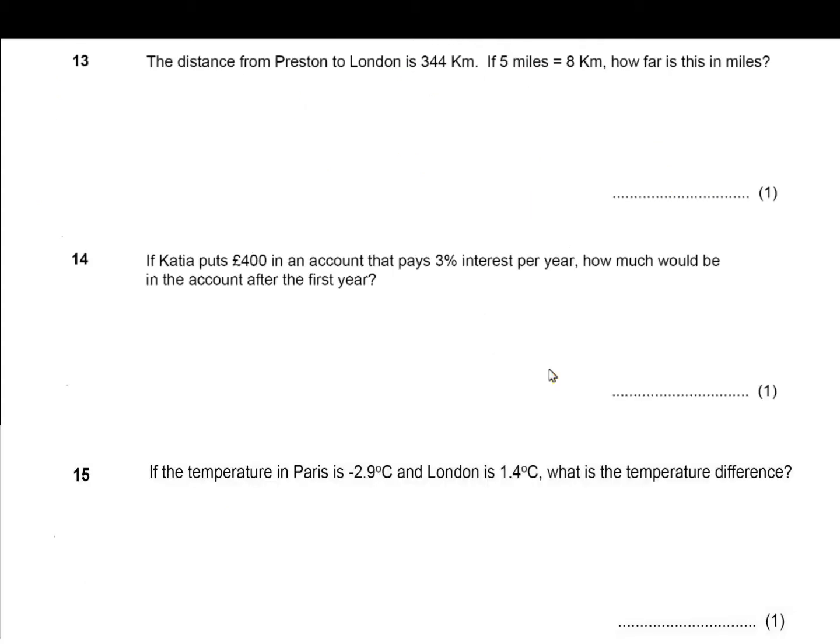Question 13 says the distance from Preston to London is 344 kilometres. If 5 miles is 8 kilometres, how far is this in miles? So this is a ratio question giving us our strap line, which is our relationship between miles and kilometres. So we know there are 5 miles to 8 kilometres. We haven't got 8 kilometres, we've got 344.